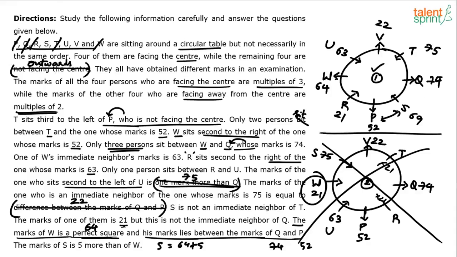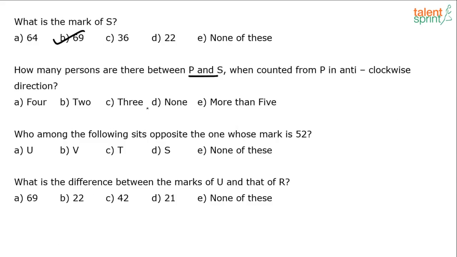If you count in the clockwise direction, there will be 6 persons: 1, 2, 3, 4, 5, 6. But from P, you have to count in anti-clockwise direction, so there are 0 persons between P and S. None means 0. Of course, 4, 2, 3 and more than 5 are not the answer. So the answer has to be D.